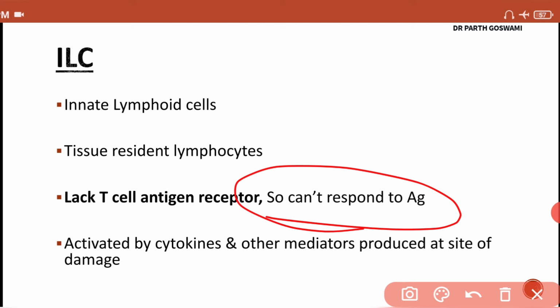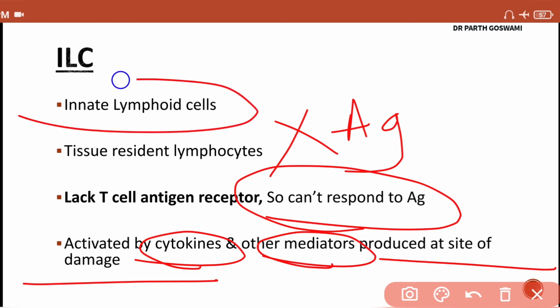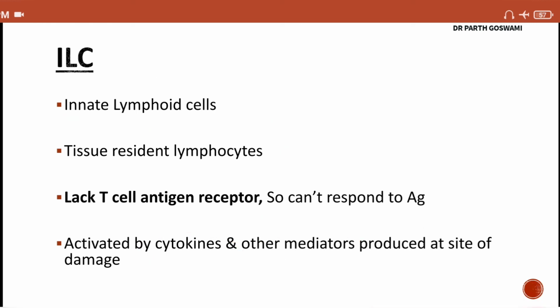So these lymphocytes are not activated by antigen, but by the cytokines and mediators produced at the site of damage. Because of tissue damage, certain cytokines and inflammatory mediators are released, and that activates the innate lymphoid cell. They are not activated by antigen exposure.